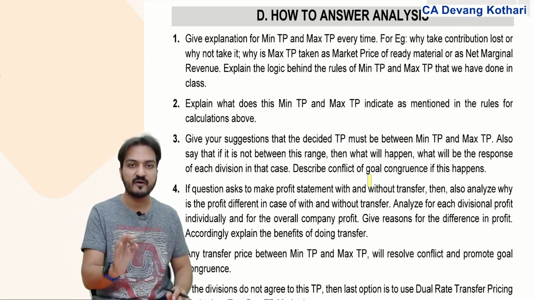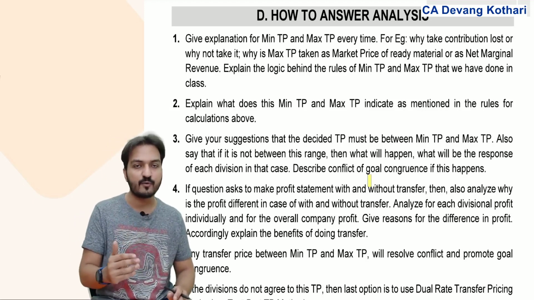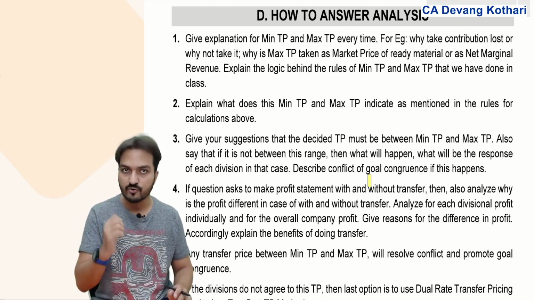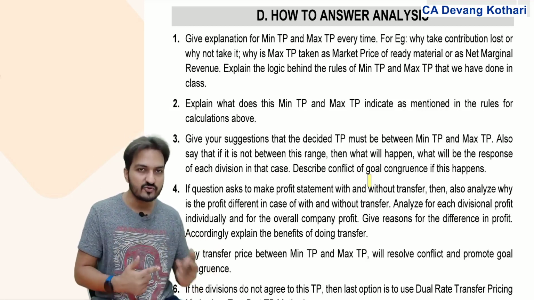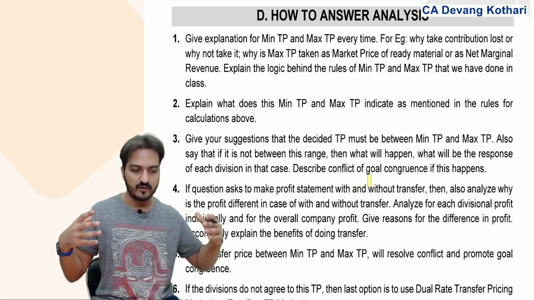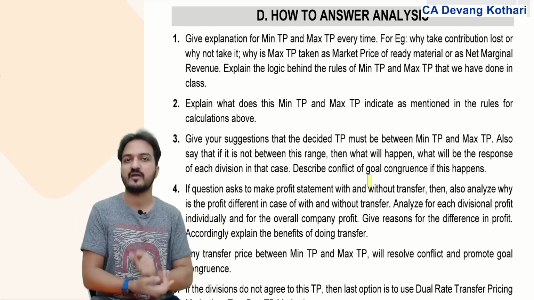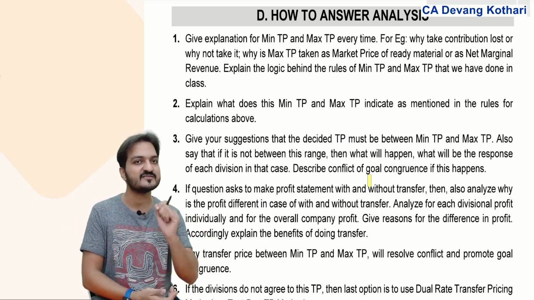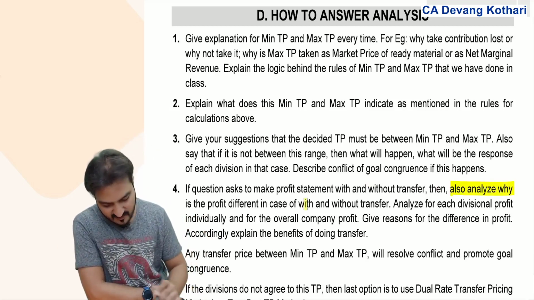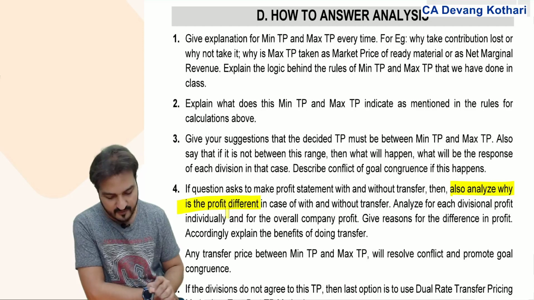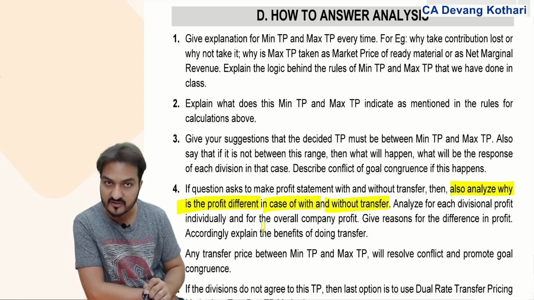Which division will prefer, which division is getting better profit, in which case, transfer or don't transfer, everything you write in your analysis. All these rules will help you accumulate more things in your analysis. You have to write analysis in your answer. So you also analyze why the profit is different in case of with and without transfer.